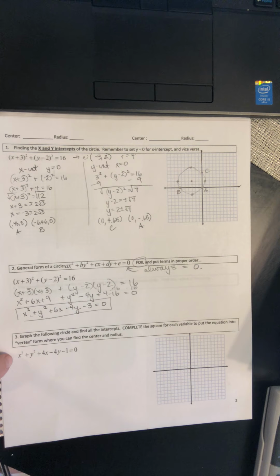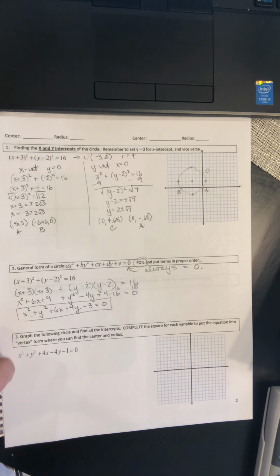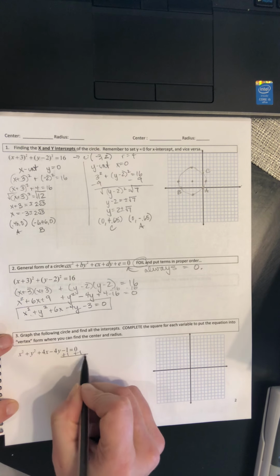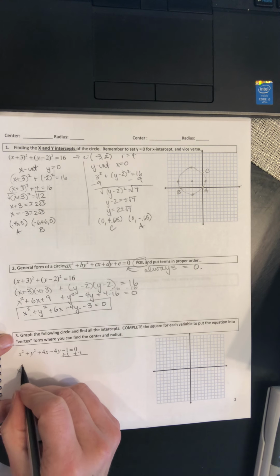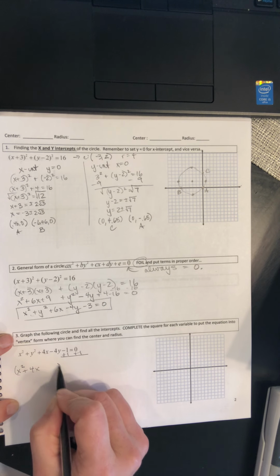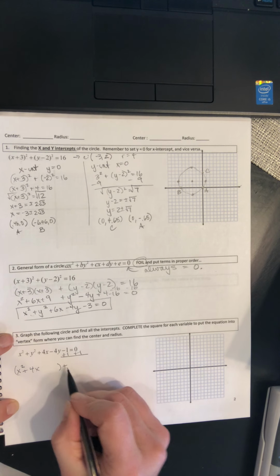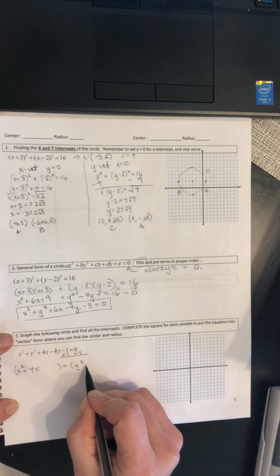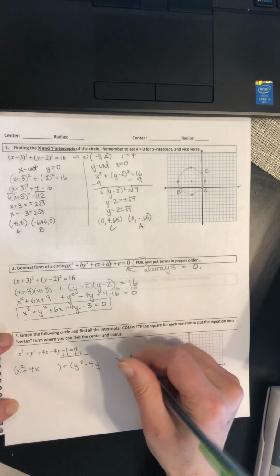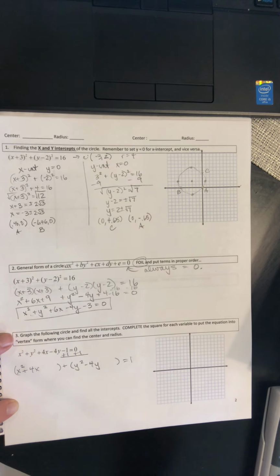Now, this one, if I ask you to graph it, you can't really graph it, like I mentioned up here. So what you want to do is complete the square for the x's and the y's at the same time, and then we can do that. So I'm going to bring this over. I'm going to group together the x squared and the 4x and complete the square for that, and then y squared minus 4y, complete the square for that, and then I have 1 here.